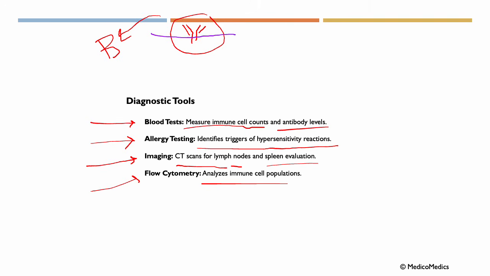If we cut it in two, we have the variable region, the tip of the antibody, and we had the stem of the antibody, which was the constant region. And we said that the constant region decides what kind of a class this immunoglobulin has. Is it class E, or is it class A, or D, etc.?